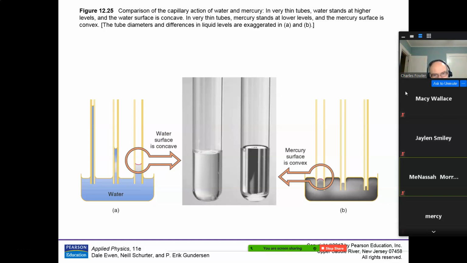Now, where we practically use viscosity is in your car engine, because your car engine gets really hot and you want it to be well lubricated, which means you're using oil. So you want an oil that has a relatively high viscosity, but not too high at cold temperatures, because the car is going to get really hot. You want it to still be able to lubricate at high temperatures.